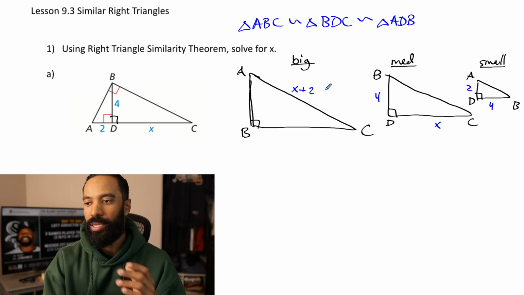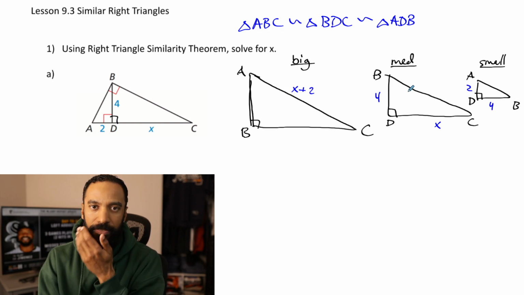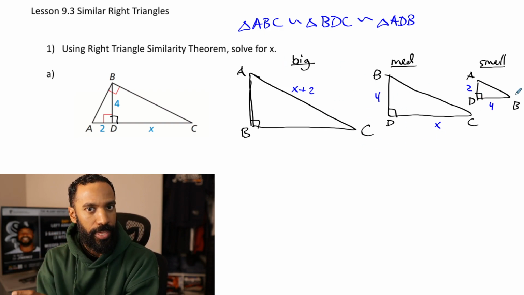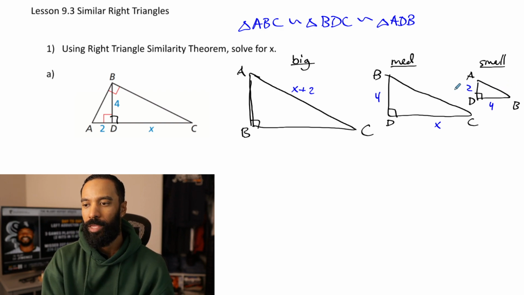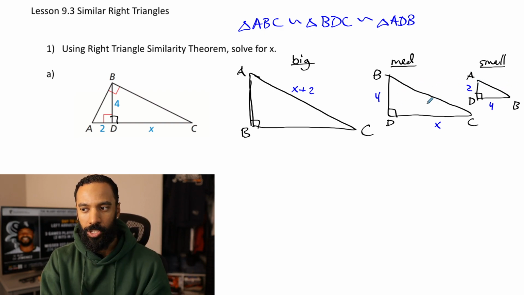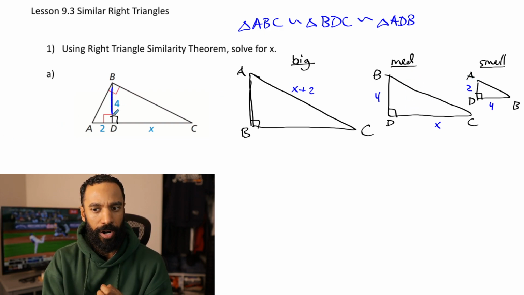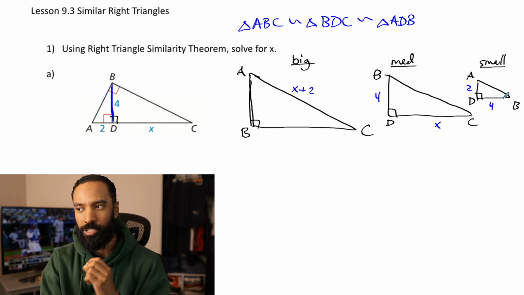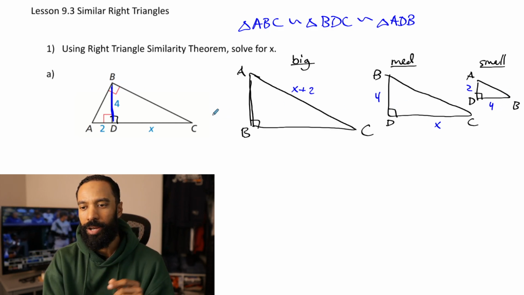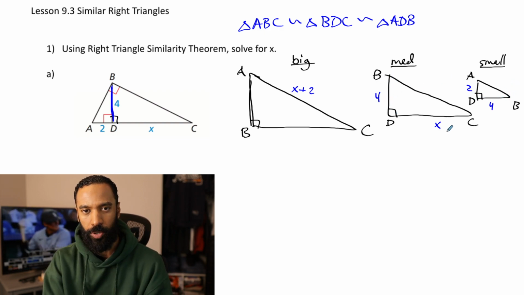Now, even though I'm not going to use this method anymore of redraws, I can use this method to explain what I'll be doing later. The parts that correspond that I can use are in both the medium triangle and the small triangle. You see, this 4 shares itself with two triangles, and it's represented as two different parts in those triangles. The 4 is not only the short leg of the medium triangle, but it's also the long leg of the small triangle.